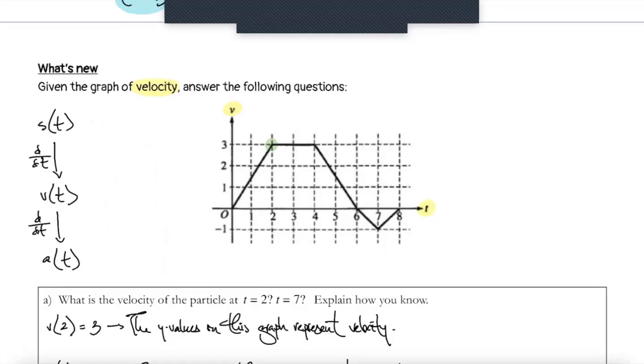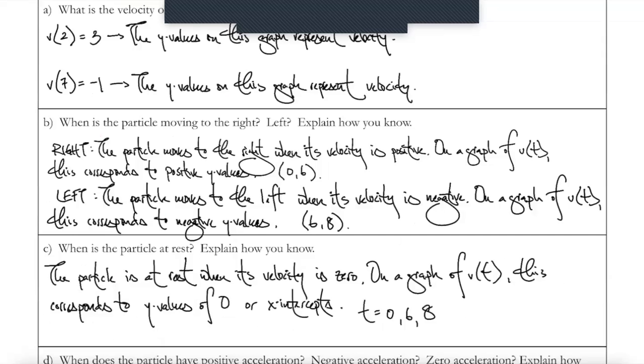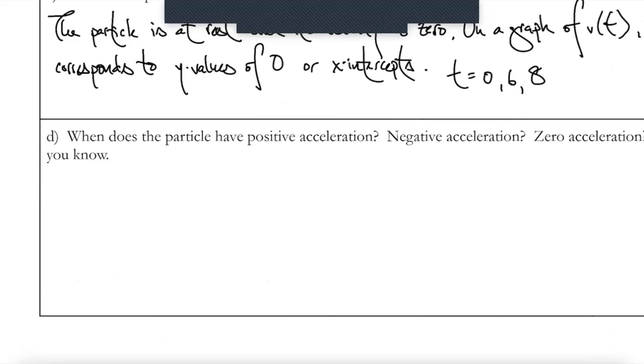Okay. But back to this question, I love that we know positive acceleration, negative acceleration, and zero acceleration correspond to the slope.